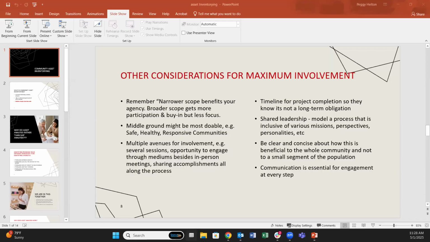And understanding that communication is essential for engagement at every step. So not just communication, but transparency, ethical communication, making sure that we don't have little side groups having extra meetings that aren't including other people, that this process is a genuine process.